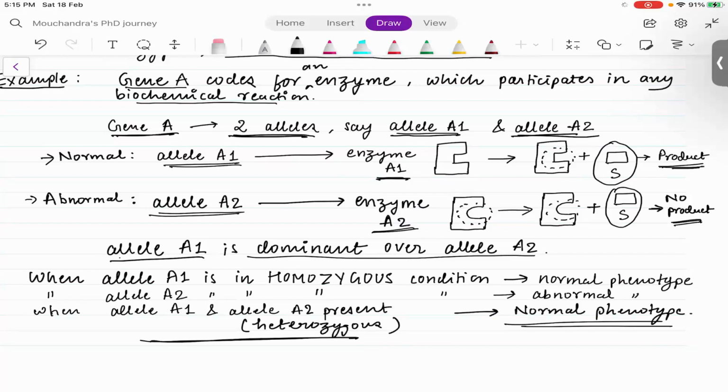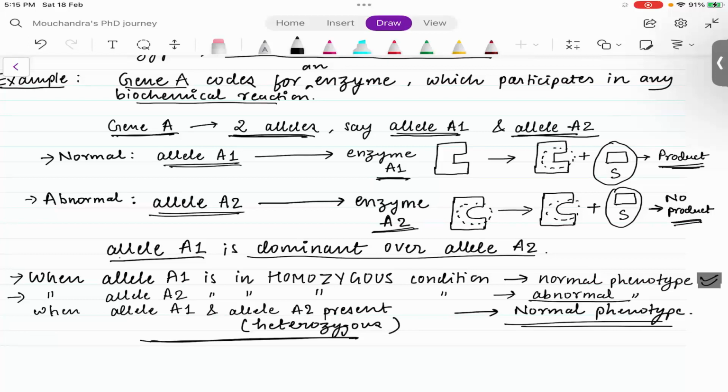When it is homozygous for allele A1, it is also the normal phenotype. The problem comes, or the disease happens, when allele A2 is homozygous. Allele A2 is recessive in nature, and when both copies of allele A2 are present, we get an enzyme which is not at all functional.